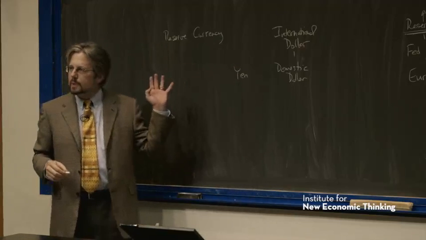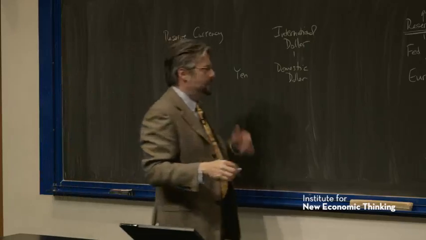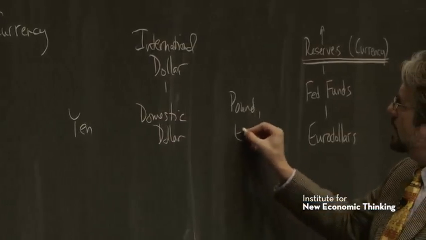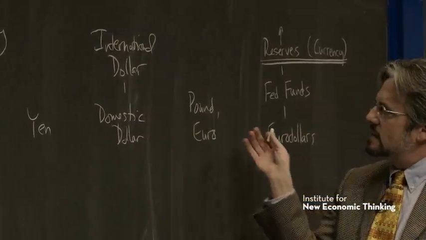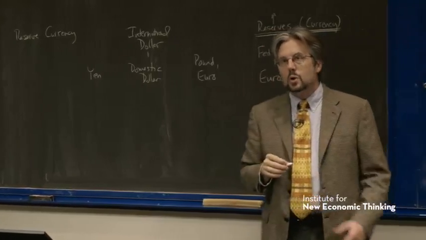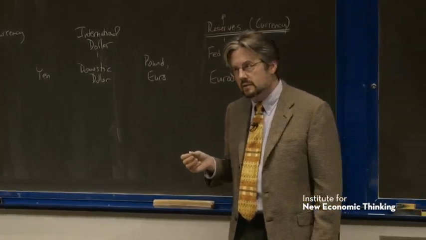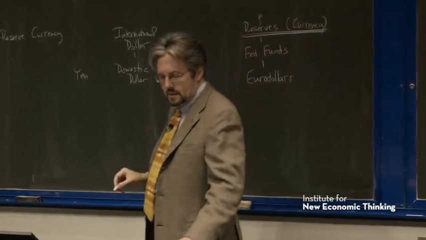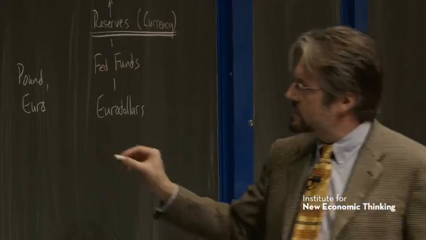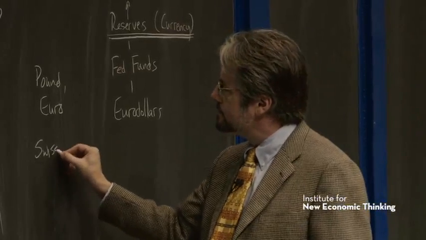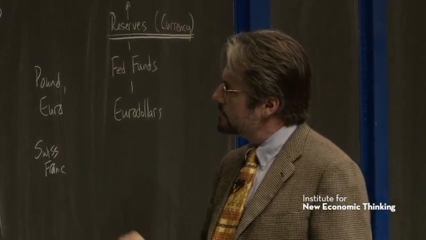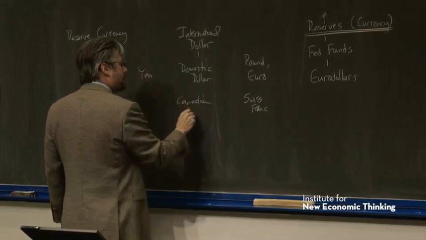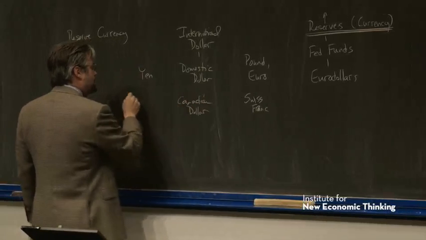Maybe eventually the renminbi. We'll be talking about the renminbi. And in Europe, we have the pound and the euro. So these are the four most widely traded currencies in the world. There's also the Swiss franc. There's the Canadian dollar. And there's the Australian dollar.